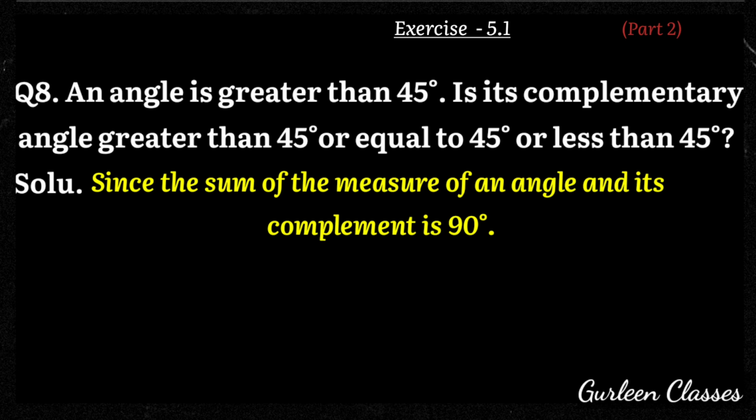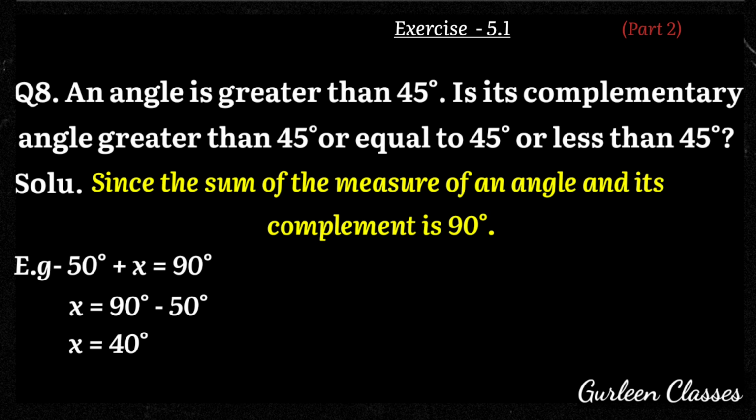So let us take an angle 50 degree. It is greater than 45 degree. So 50 degree plus x is equal to 90 degree. Why 90 degree? Because we know that the sum of two angles should be 90 degree as they are saying complementary angle. So 50 degree plus x is 90 degree. x is equal to 90 degree minus 50 degree, that is equal to 40 degree. So it is less than 45 degree.